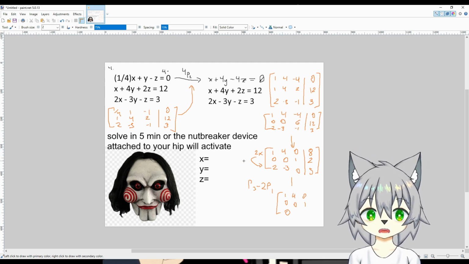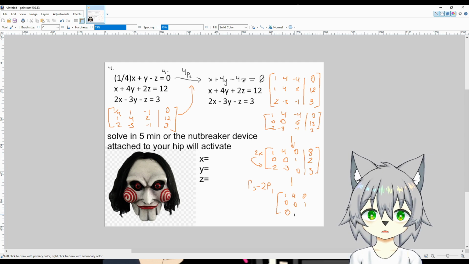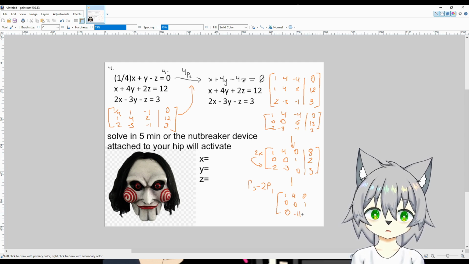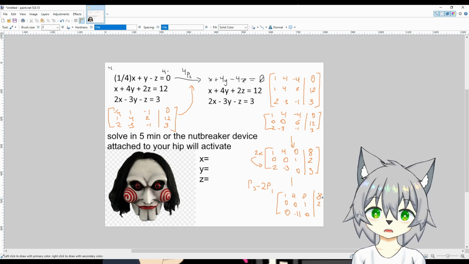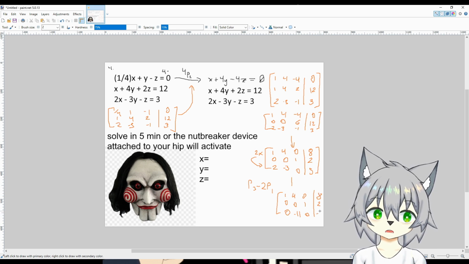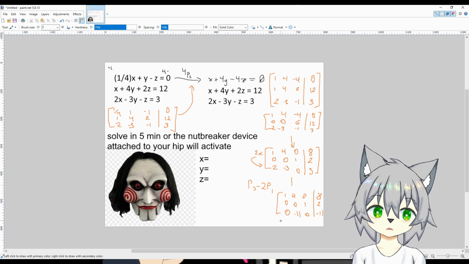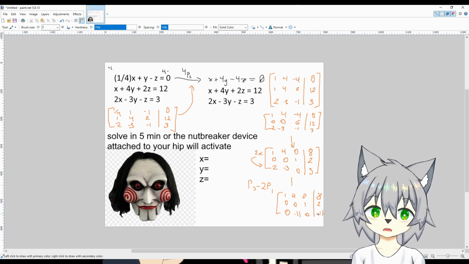Since we're trying to subtract that, we basically get minus 11, 0, and in the augmented matrix here we have 2, we have 8, and we subtract, so we have negative 11 here. And we basically can simplify that to 1, 1.